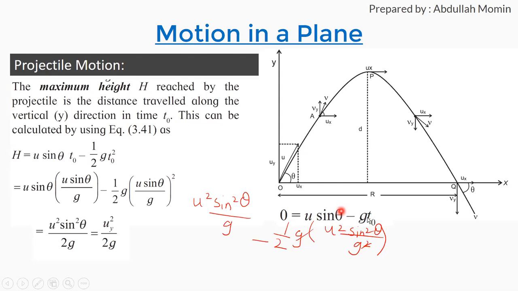So u square sin square theta you can take as common from the first term and the second term also. So we will get 1 minus half, and 1 minus half is half. So what is common here? u square sin square theta by g, and half will be there. So H is u square sin square theta by 2g, and this u sin theta is uy, means velocity in vertical direction.